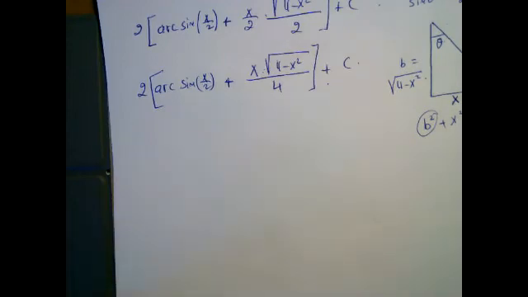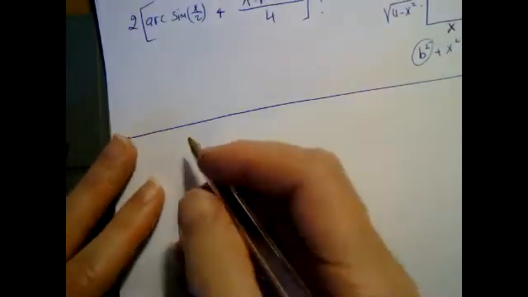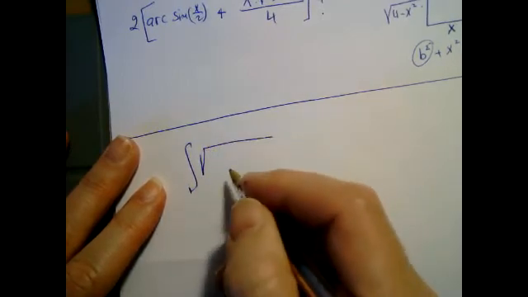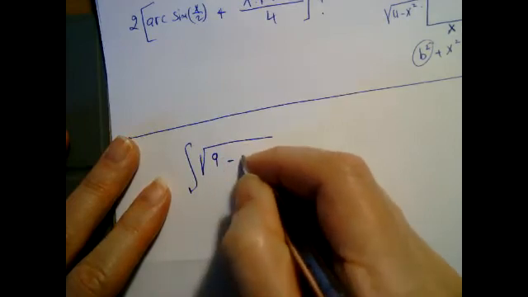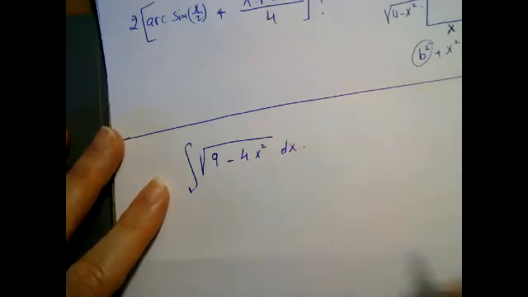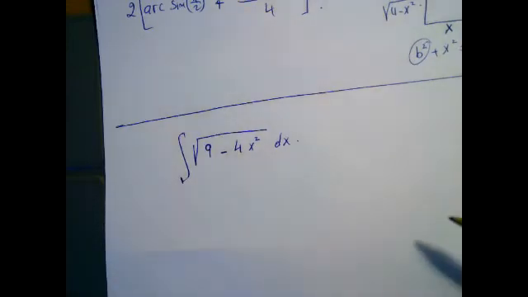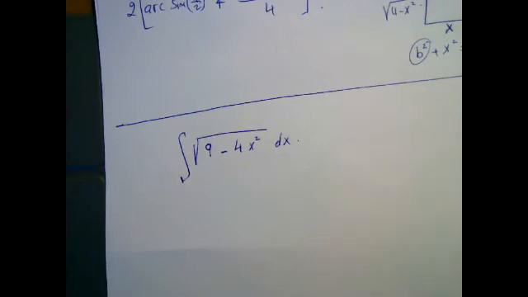So suppose I give you the following integral: the square root of 9 minus 4x squared. There are several ways of doing this problem. It involves a square root, and the question is, what's the best substitution that helps me get rid of the square root?